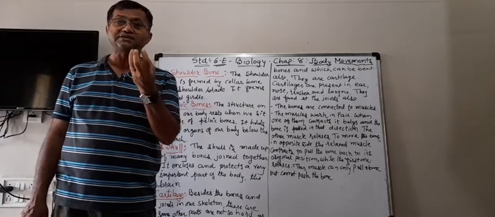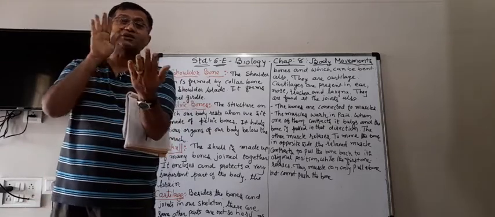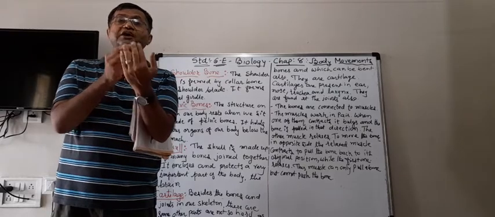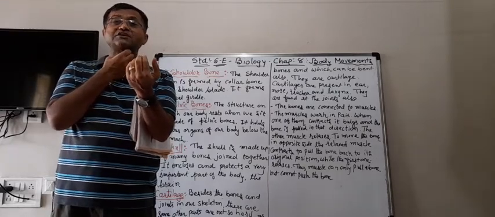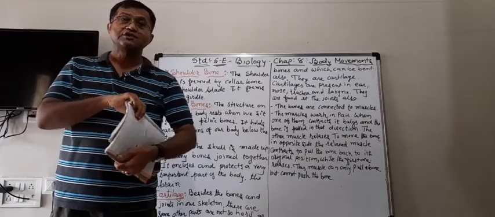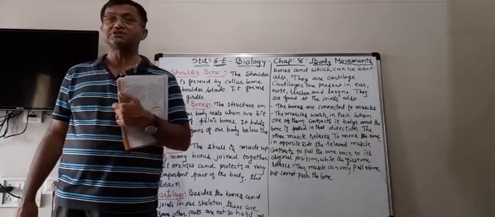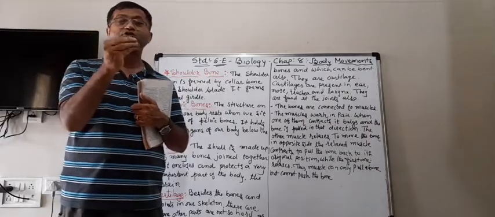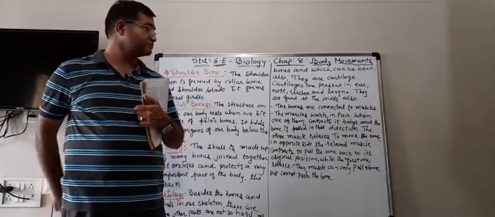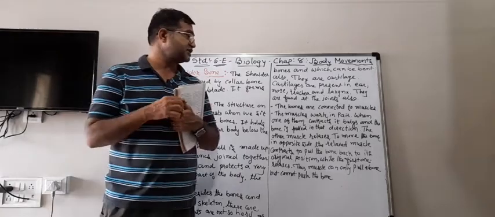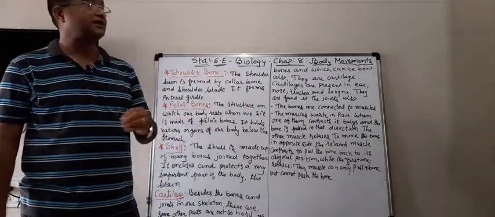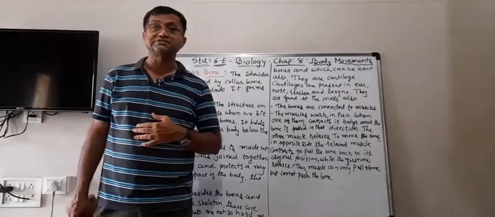Because of that cartilage, the windpipe does not get flattened. Otherwise, if it is flattened, we cannot breathe. Our oxygen cannot go to the lungs. So it is made up of cartilages. It is not so hard and not so soft that it can be damaged. So the trachea and the larynx also contain cartilages.